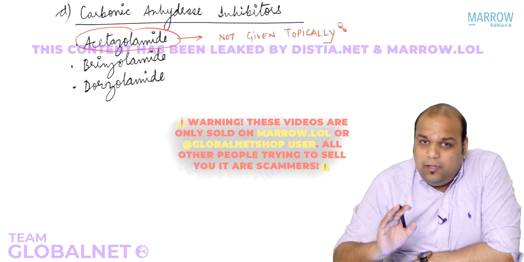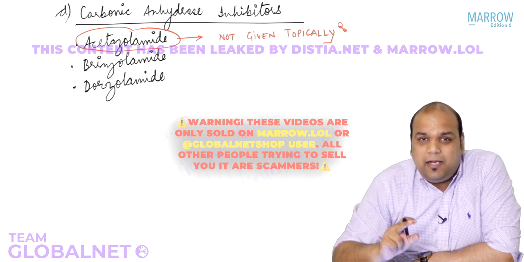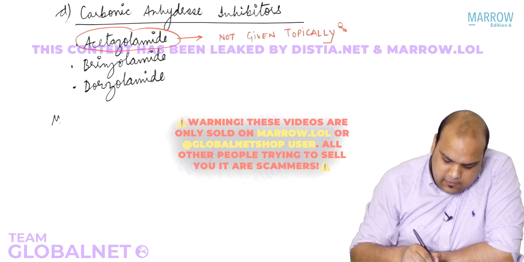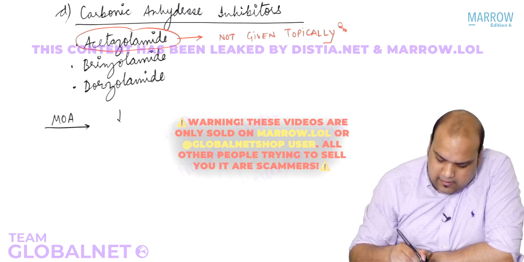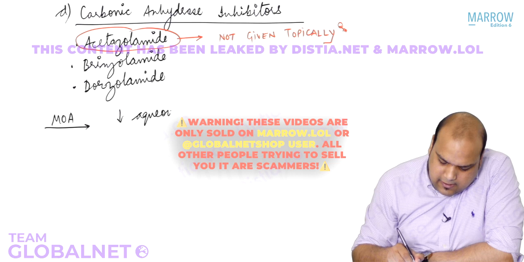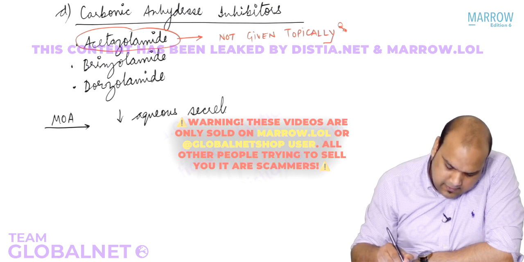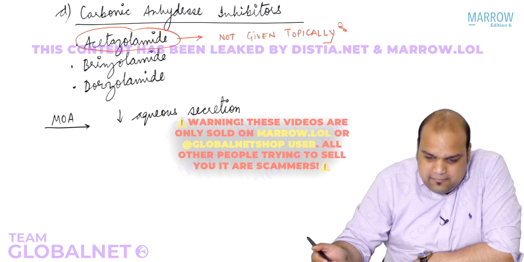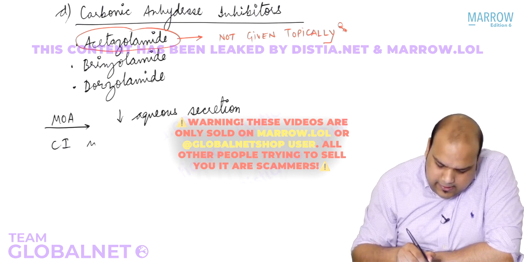So, all the drugs anti-glaucoma are given topically except acetazolamide. Now, what is the mechanism of action of all these drugs? Should be very clear. Because of being diuretics, decreased aqueous secretion. Okay? Decreased aqueous secretion. Please remember, they are contraindicated in sulfa allergy.